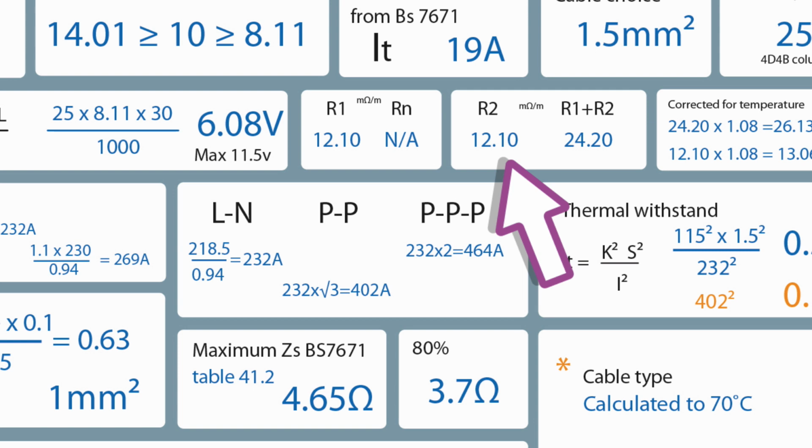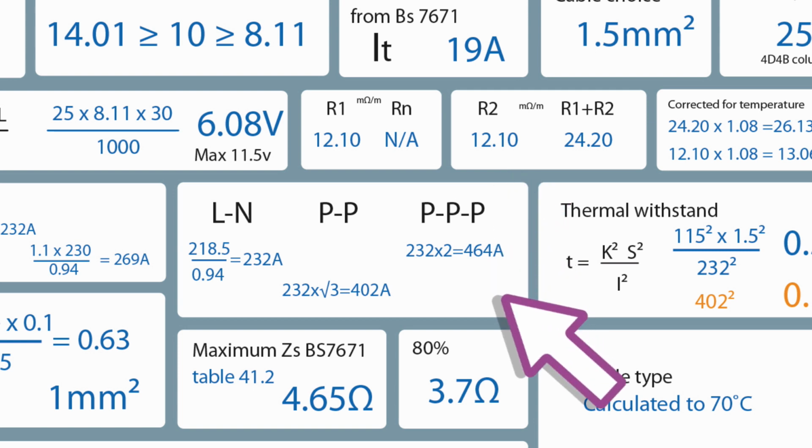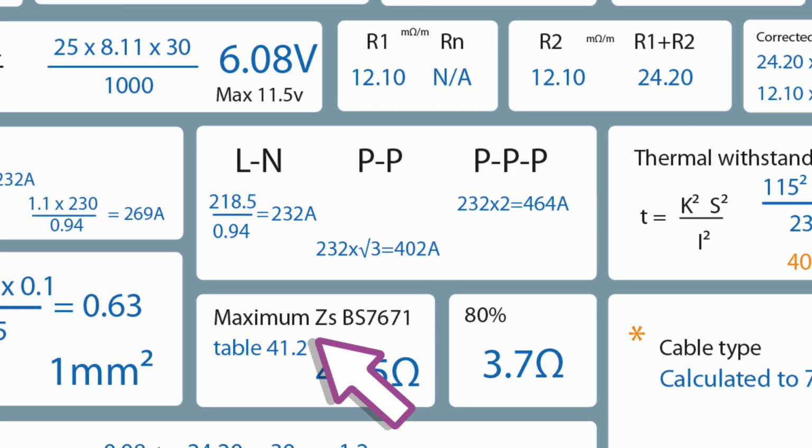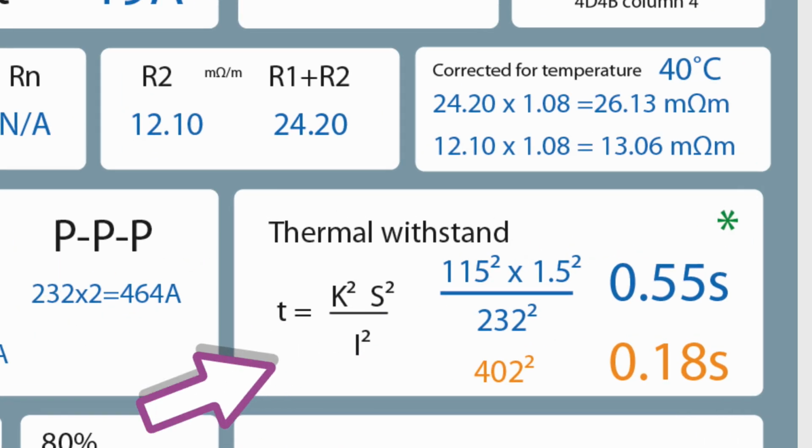So we have to take that into consideration. So we have to decide which fault current we are going to use. The adiabatic equation, S equals the square root of I squared T over K, is for sizing the CPC. Thermal withstand is to confirm that live conductors won't reach their maximum operating temperature before the protective device operates.